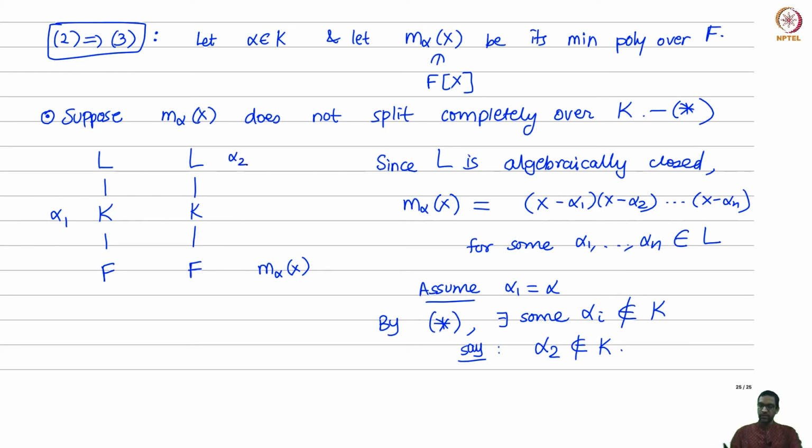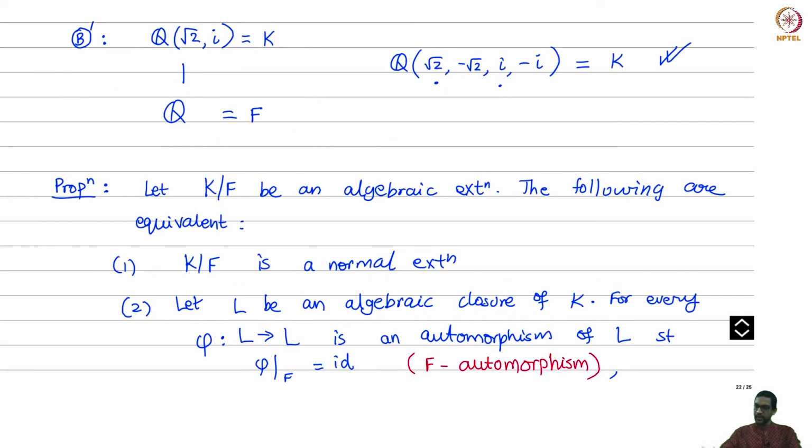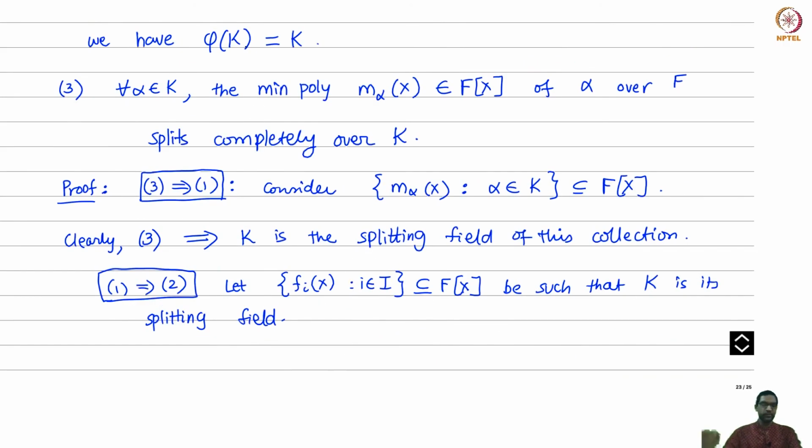Now this is what we will use in order to get a contradiction. We will contradict the hypothesis 2. And what did the hypothesis say? Let's go back and see: every homomorphism or automorphism of L which preserves F pointwise must map K to itself.